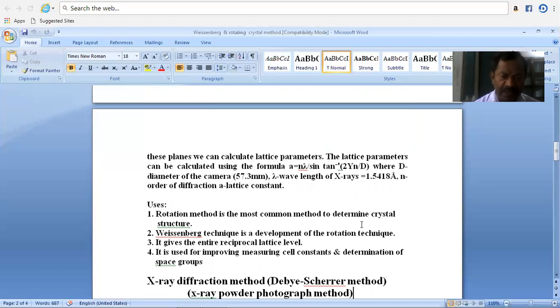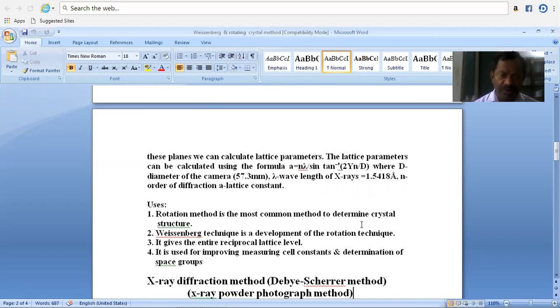Number three, it gives entire reciprocal lattice level. Number four, it is used for improving, measuring cell constants and determination of space groups. Like that, so many uses we can find in the rotation Weissenberg photograph method.